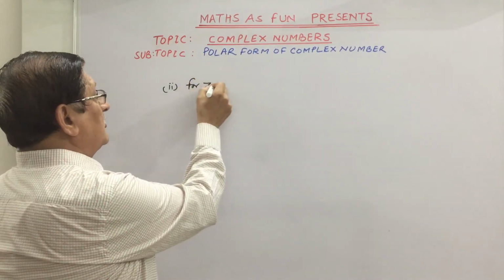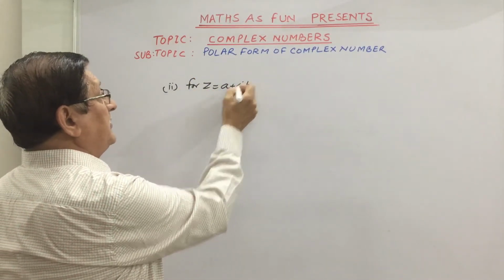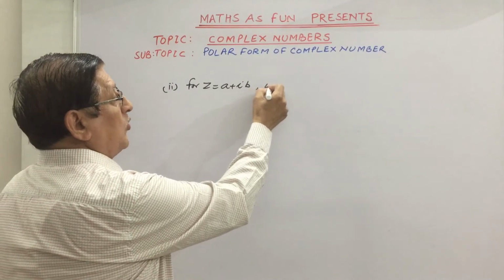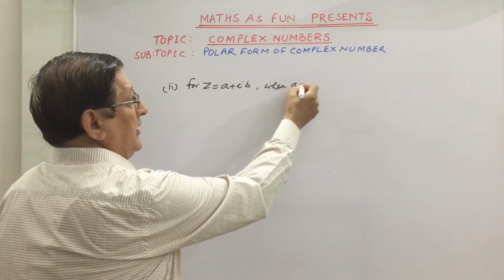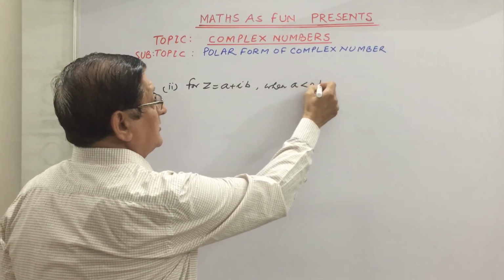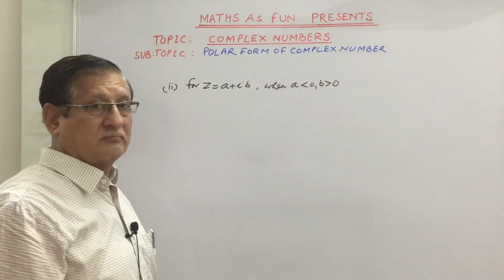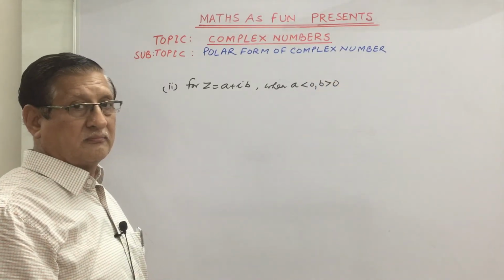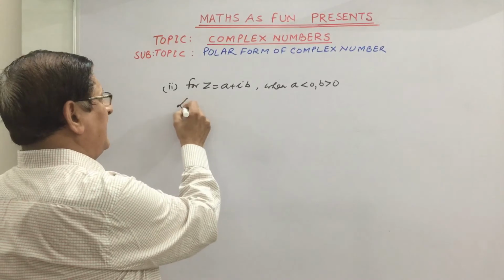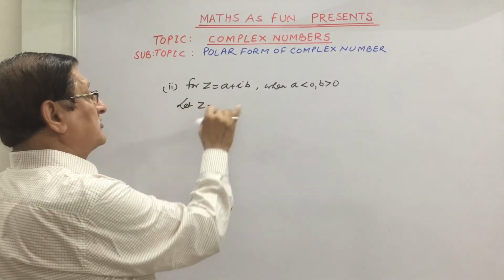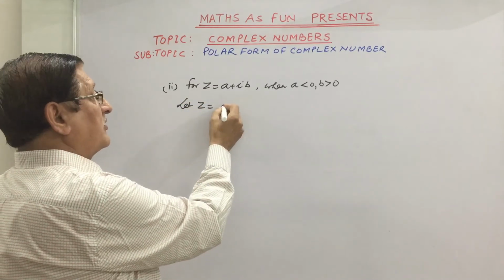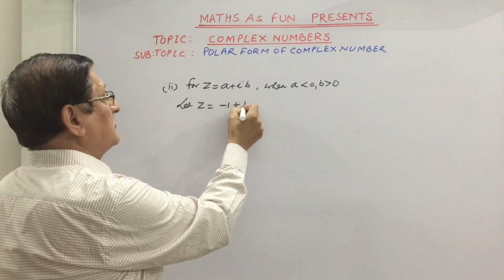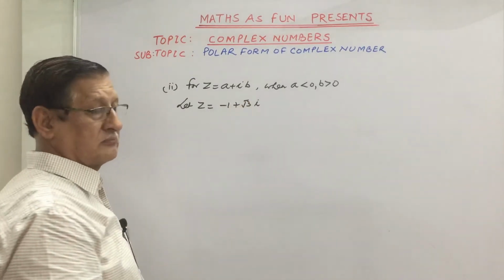For z equal to a plus iota b, when a is less than 0 and b is greater than 0, let z be, for the same question, minus 1 plus root 3 iota.